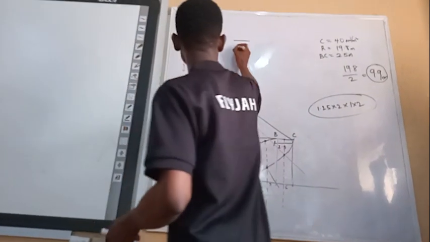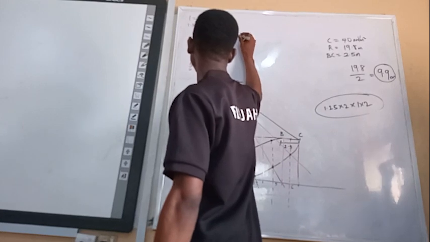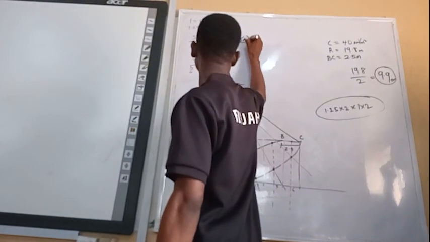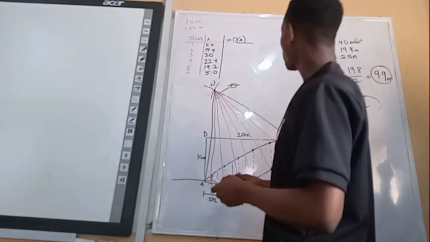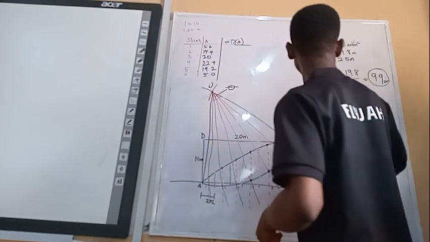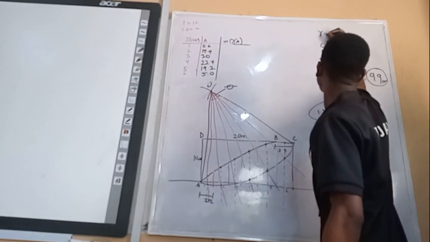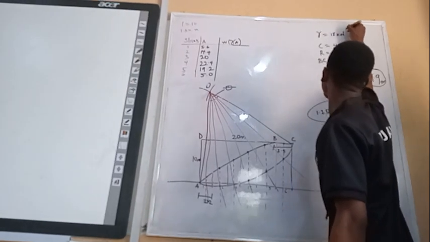So the next thing is to get our W, which is gamma times A. Our gamma from the question is 18 kilonewtons per meter cube.